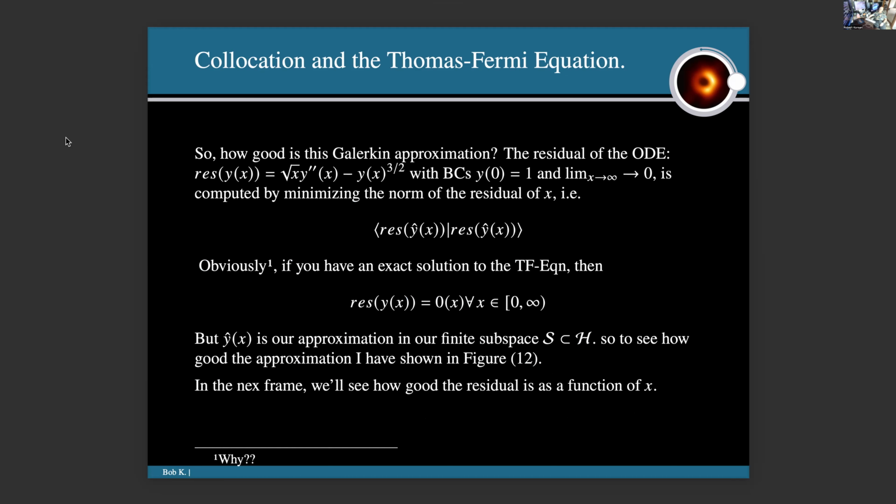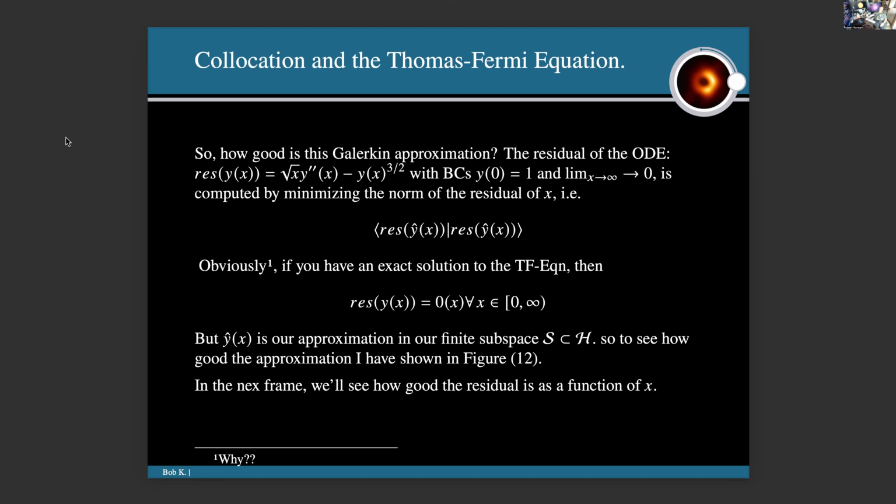But how good is the Galerkin approximation using those Bessel functions? Well, you can write a residual. So we have square root of x times y double prime, minus y of x to the 3 halves. We've got the boundary condition, so that's not a problem.